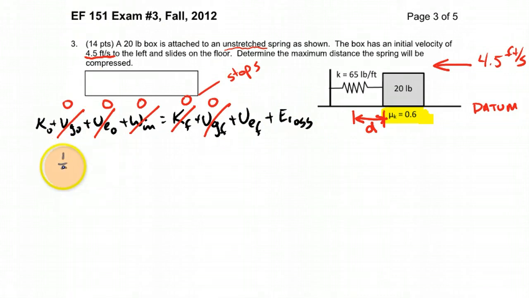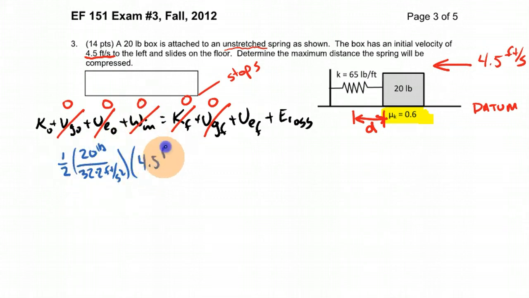So we'll have 1/2 the mass, 20 pounds over 32.2 feet per second squared. Its velocity is 4.5.